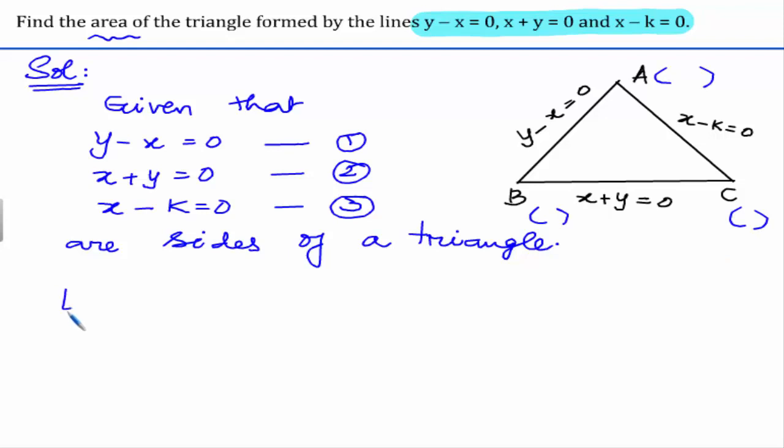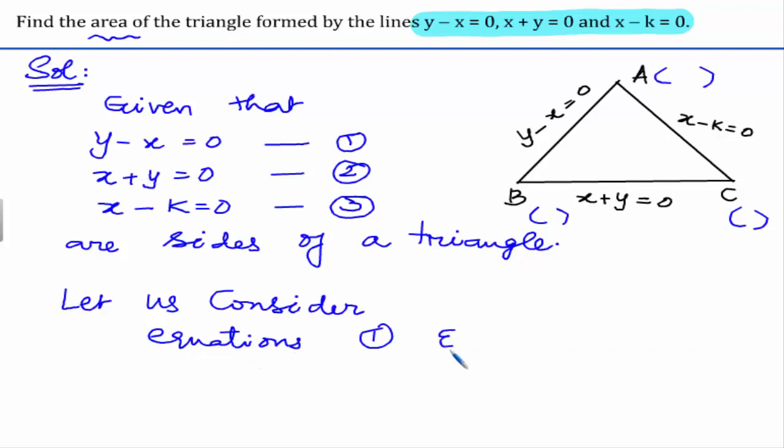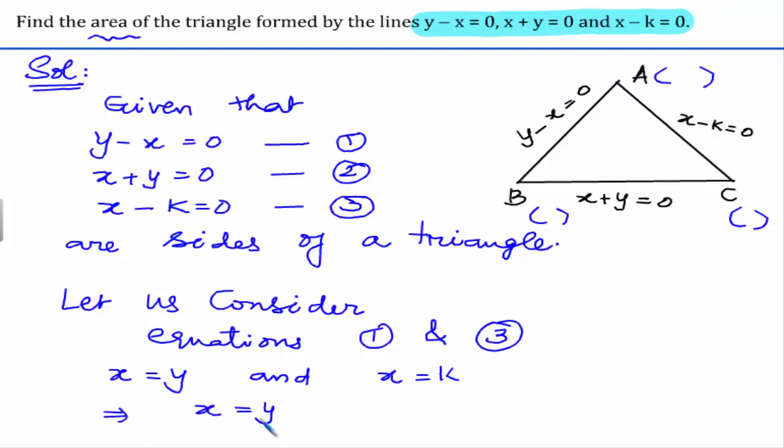Now let us consider the equations 1 and 3. Now the first equation says x is equal to y, and the third equation says x is equal to k. That implies x, y are both equal to k.